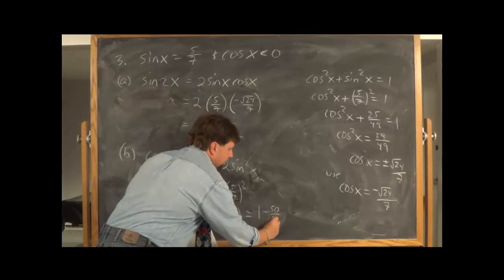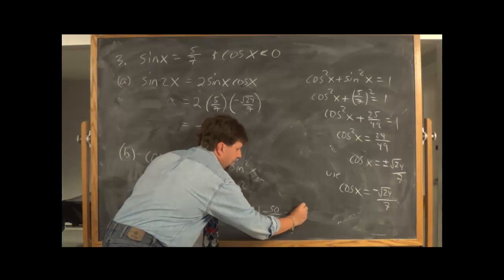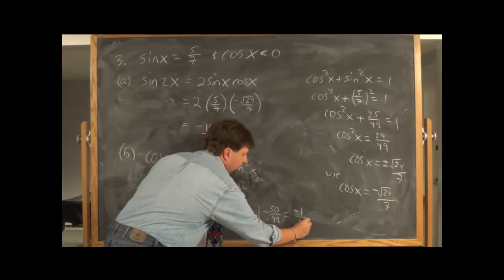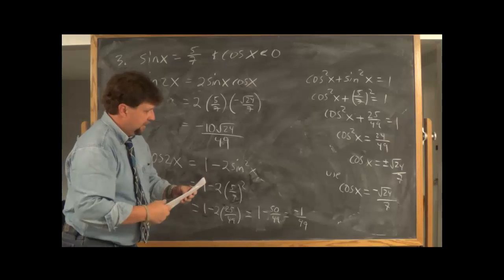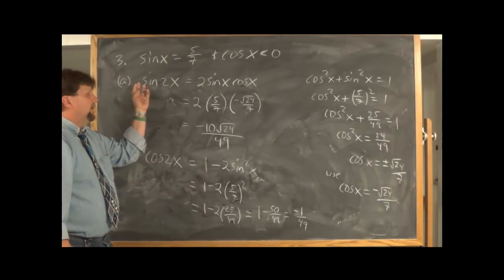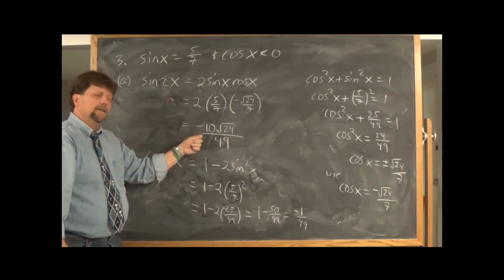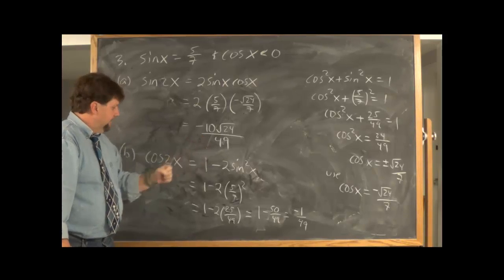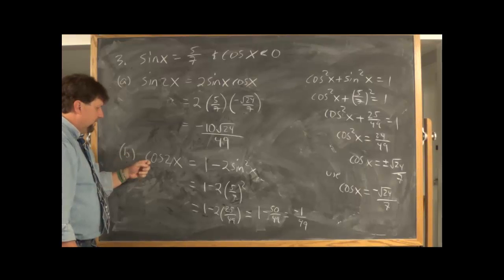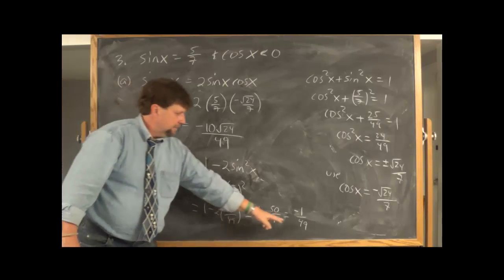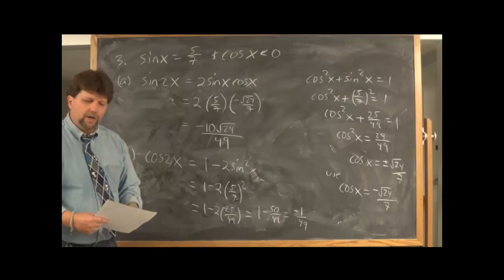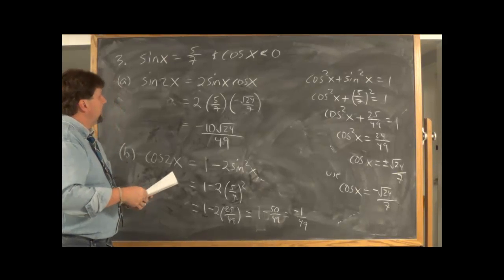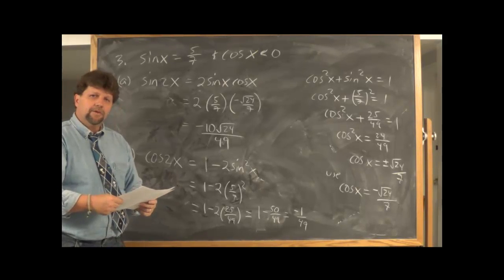And 1 minus 50 over 49 should give you a negative 1/49. So hopefully for part A, you got the sine of 2x is negative 10 square root 24 over 49. And for part B, you got the cosine of 2x is negative 1 over 49. And that's it for number 3.